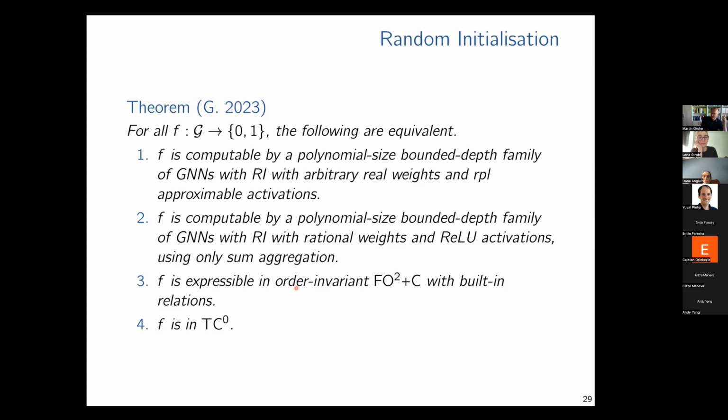But it doesn't matter which one. We get something that is order invariant. Now, the random initialization, the random weights on the nodes give us a linear order with high probability, because if we assign a random number to every node with high probability, they are all different and you can order them. And that's basically how the connection goes. And that's then how we can prove this.